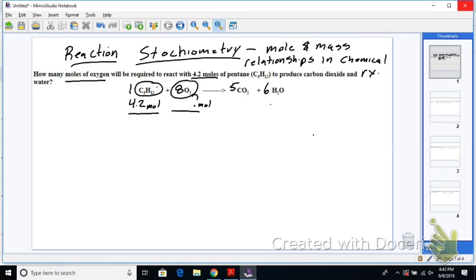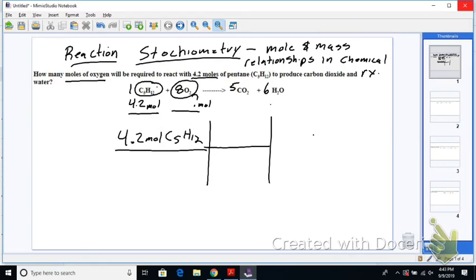So I need to transfer from moles of C5H12 to moles of oxygen, because that's what I want to find. I want to find the moles of oxygen that it requires to have this reaction take place. Kind of like a recipe: how much do I need of one reactant versus the other for this reaction to go to completion?